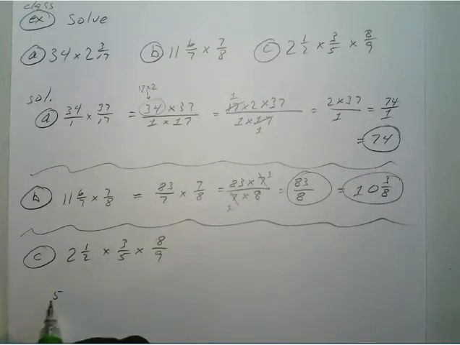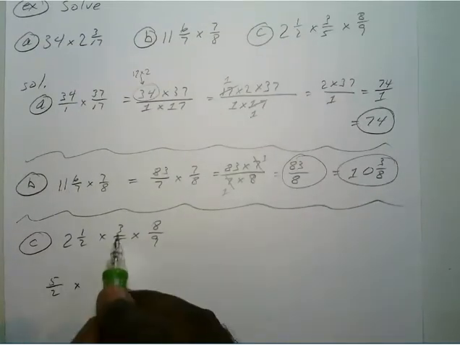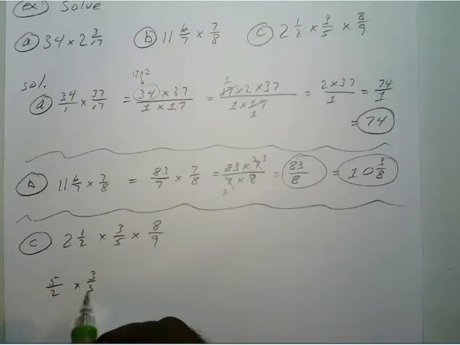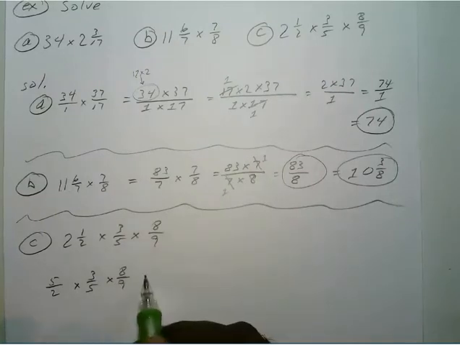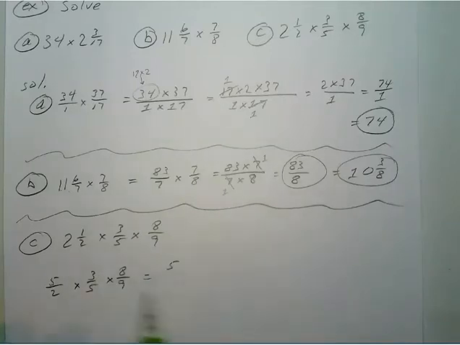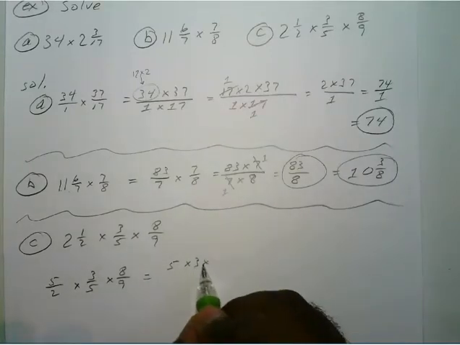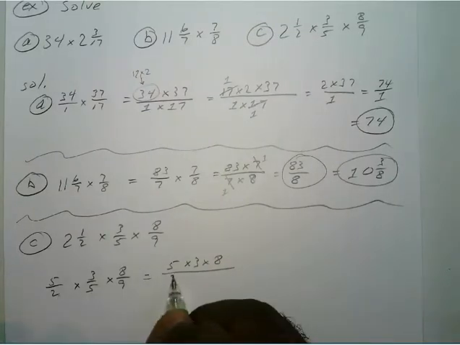So you have 5 over 2 times 3 over 5 times 8 over 9. So that's just 5 times 3 times 8 over 2 times 5 times 9.